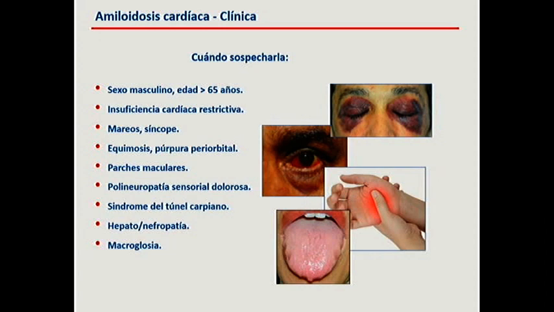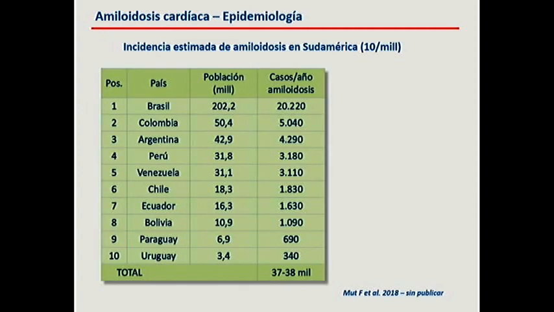He has dizziness, periorbital purpura, macular patches, a syndrome of the carpal tunnel, and macroglossia. Some, all or maybe none of these symptoms and signs could be present. But they are highly suggestive of amyloidosis, especially systemic, and some of them with cardiac participation.